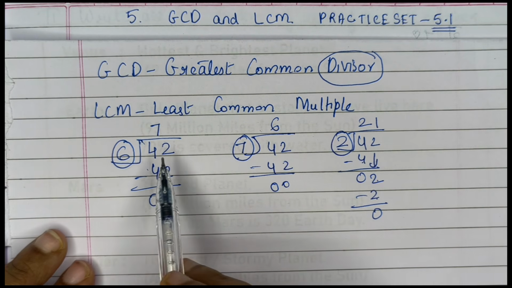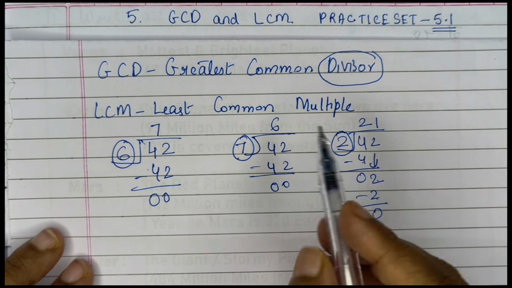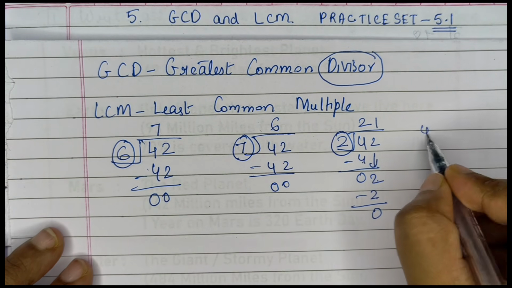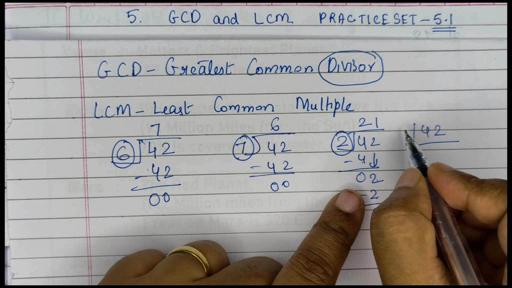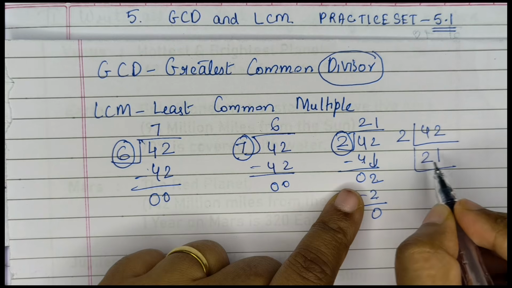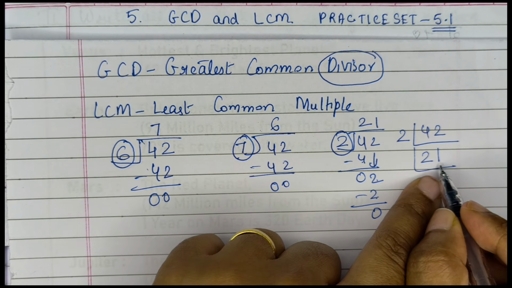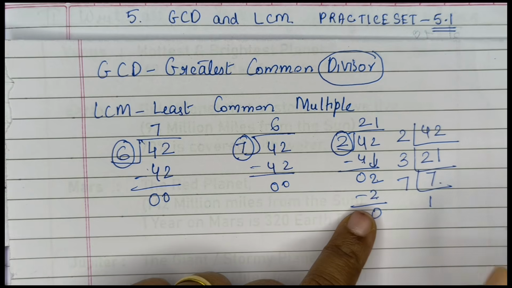Which are the different divisors of 42? You will get more if you factorize this. So 42 you can also factorize. See, this is the factorization method. What is the last number? 2. So you can take the 2 times table. 2 2s are 4, 2 1s are 2. Now again the last number is not 0, 2, 4, 6, 8, so we can take 3. 3 7s are 21 and 7 1s are 7.